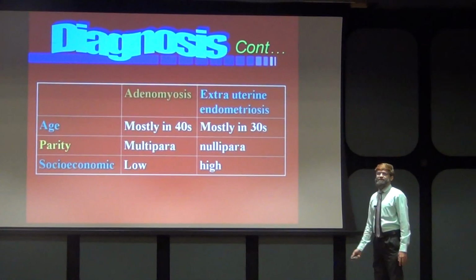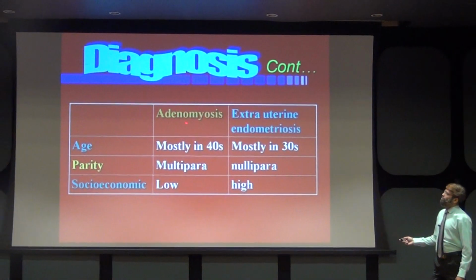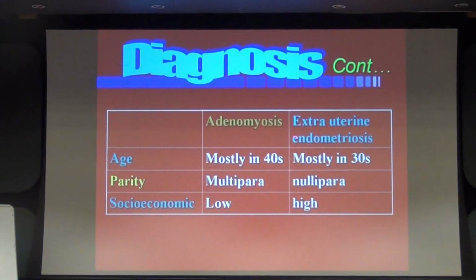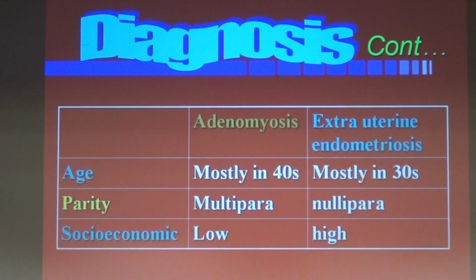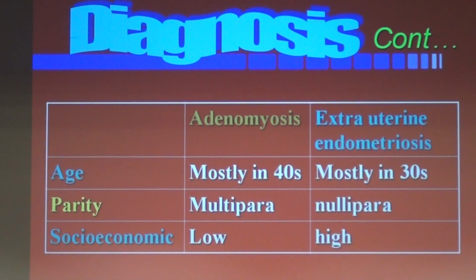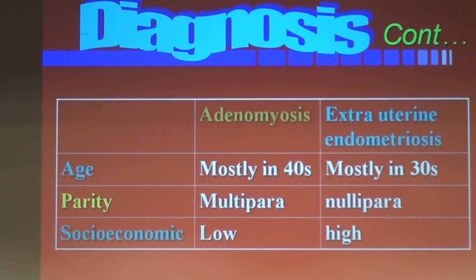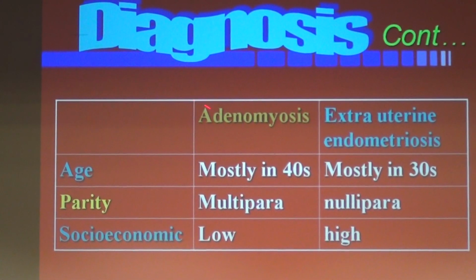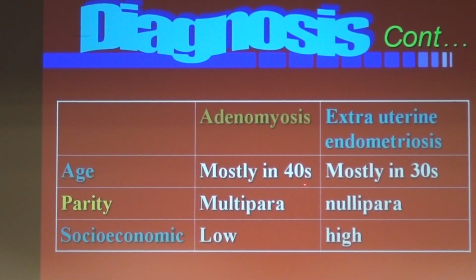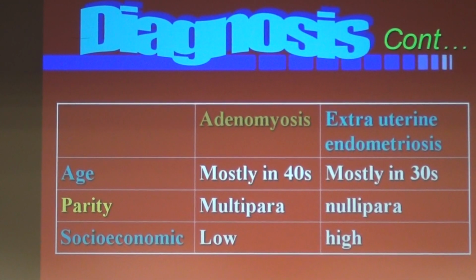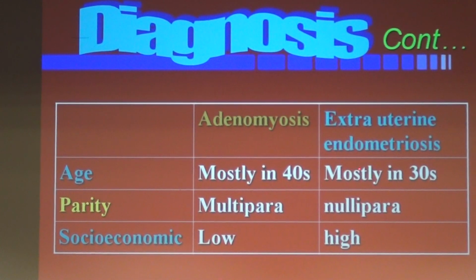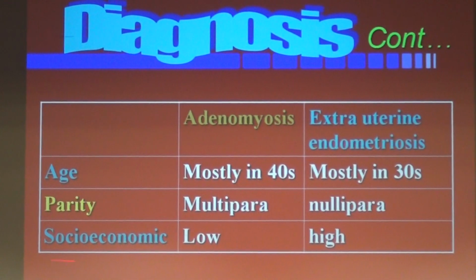So let's move further. First and foremost, adenomyosis or endometriosis interna and extrauterine endometriosis or endometriosis externa. The differentiating point over here is first the age. Adenomyosis, endometriosis interna, is mostly seen in females in their 40s, while endometriosis externa is seen in females in their 30s.